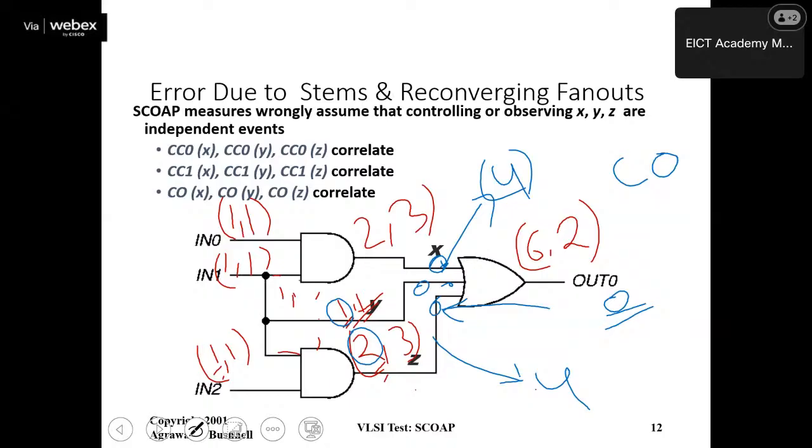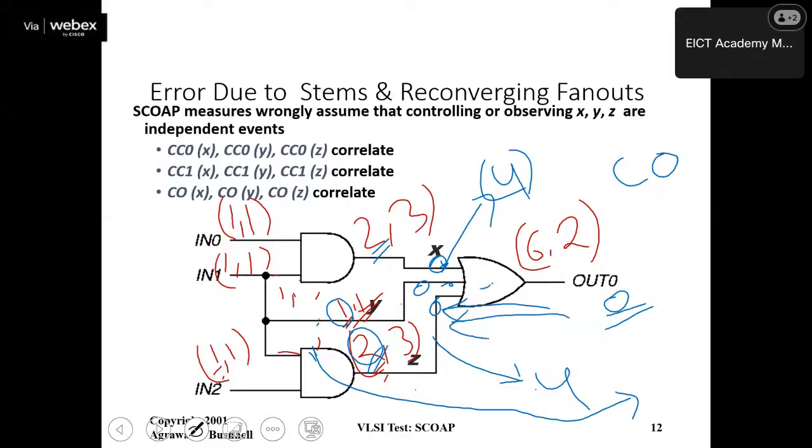Likewise, let us calculate for the middle branch. This is Y. So for Y branch, what will I be getting? First of all, I have to make both of these non-controlling. That is 0. And this is also 0. 2 plus 2, it becomes 4, plus 1 more because we are coming back towards this.